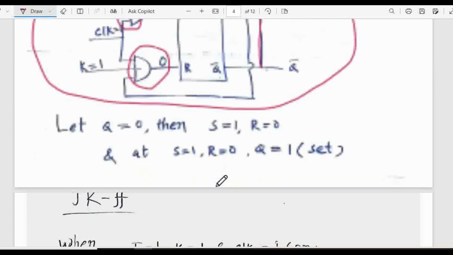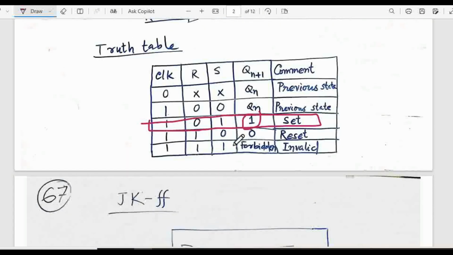Now when s equal to 0, r equal to 1, you will get the reset condition, where Q n plus 1, the next output, is 0 here.